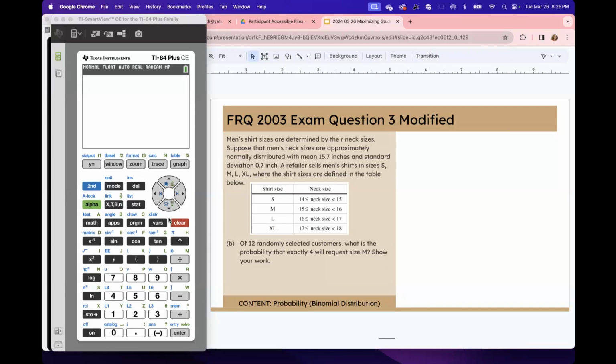We're counting the number of successes in a fixed number of trials. We have 12 trials and a probability of success on each trial of 0.5072 for the medium size, which we calculated in the previous part.